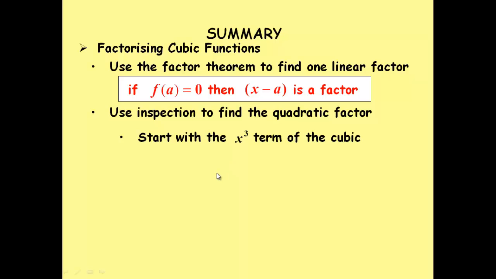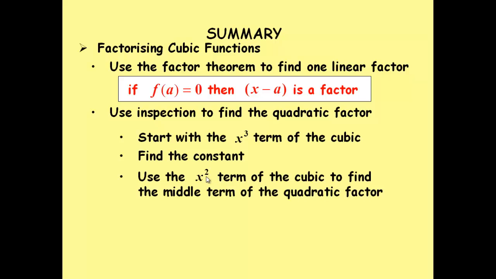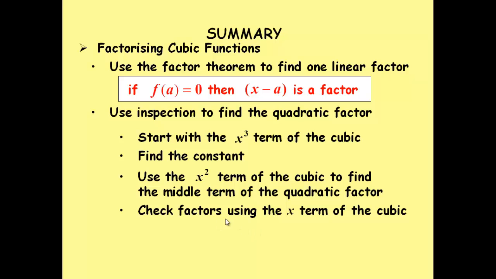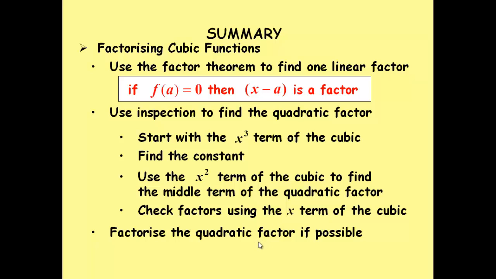We start with the x cubed term. We find the constant, the number at the end, and we use the x squared terms to find the middle term of the quadratic, and then we can use the x term to check. If the quadratic left factorises, then we factorise that as well, and we end up with 3 linear factors.